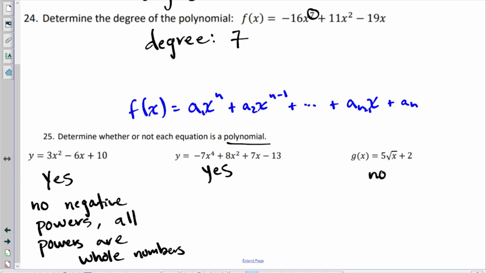This one, though, is a no, and here's why. Because the square root of x is really x to the 1/2 power, which is not a whole number.